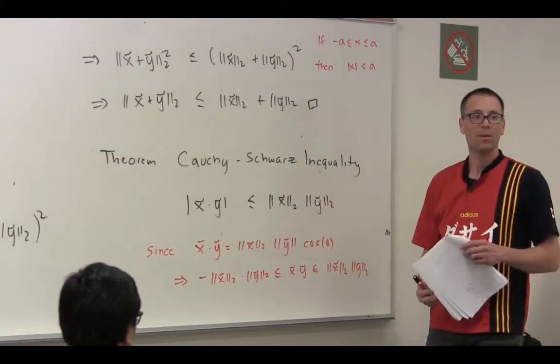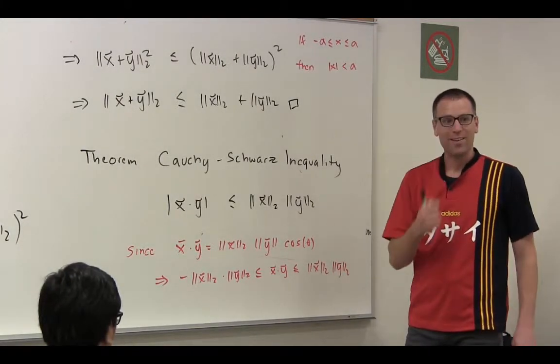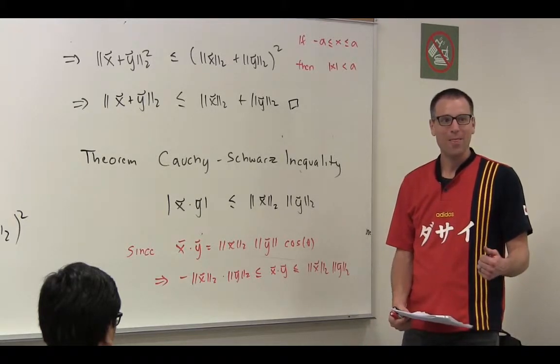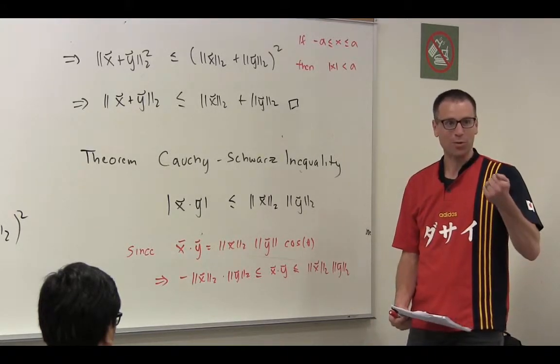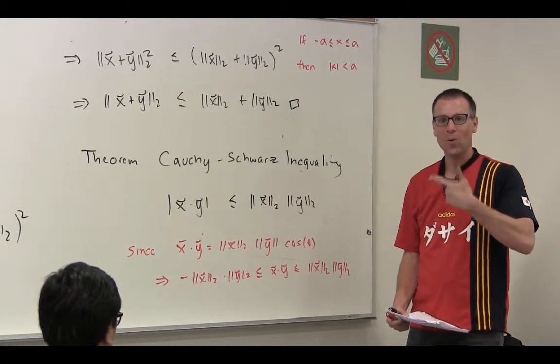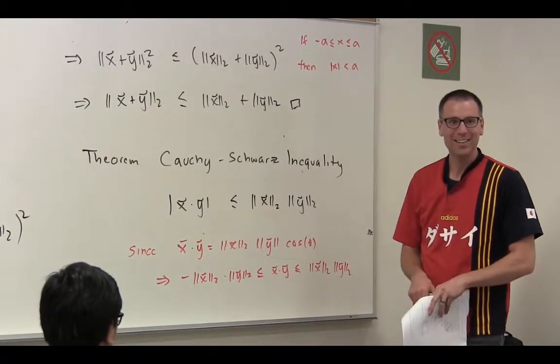When cosine theta equals 1, which means that they're going the same direction, theta is equal to either 0 or 180. Which makes sense, doesn't it?